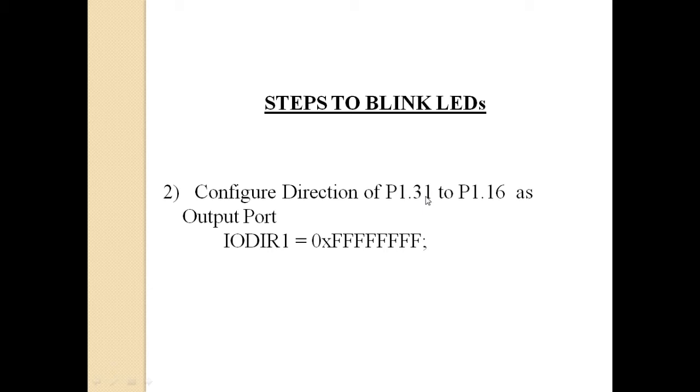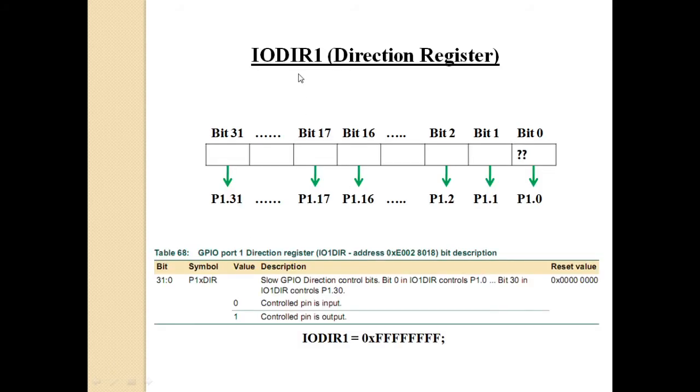So how will I configure that? For configuring the direction of a GPIO port, you are using a register known as the IODIRx register. That x stands for the port number. Right. In my case, I need to configure port 1 pins 16 to 31 as output.